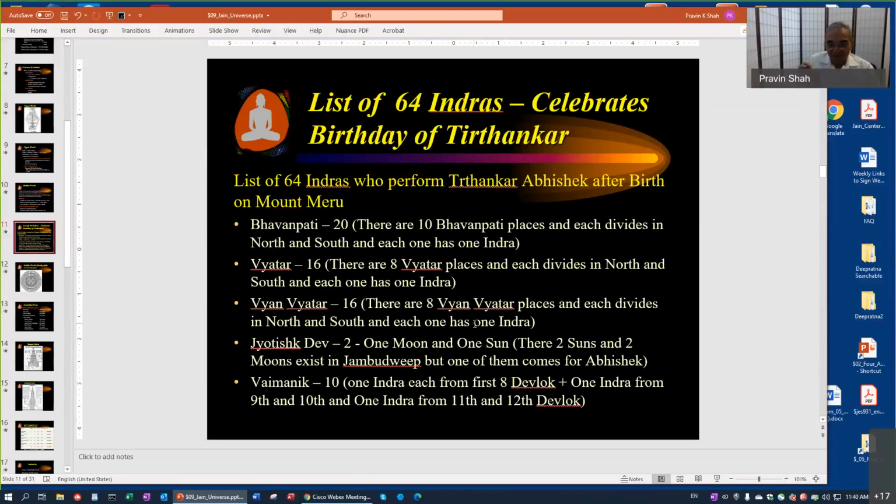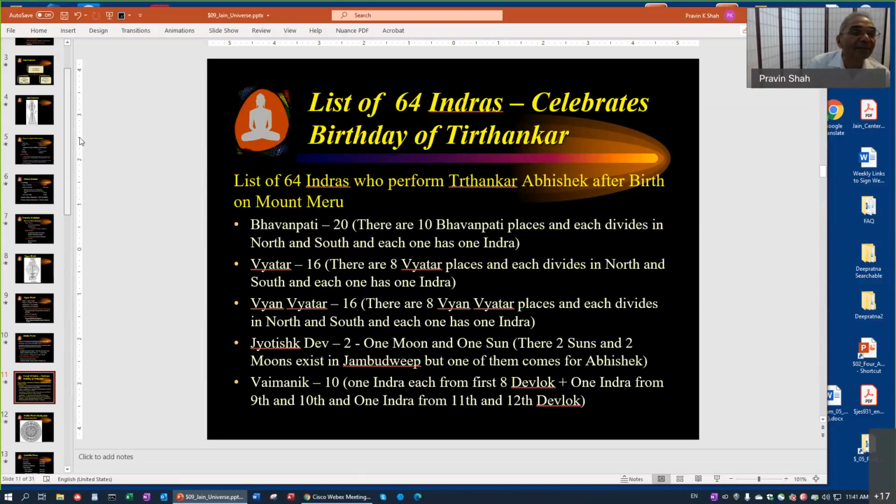This way, these are the Devs. All 64 come and do the birth celebration of the Tirthankar. And if I go back to the slides, just a minute, you will see it here.